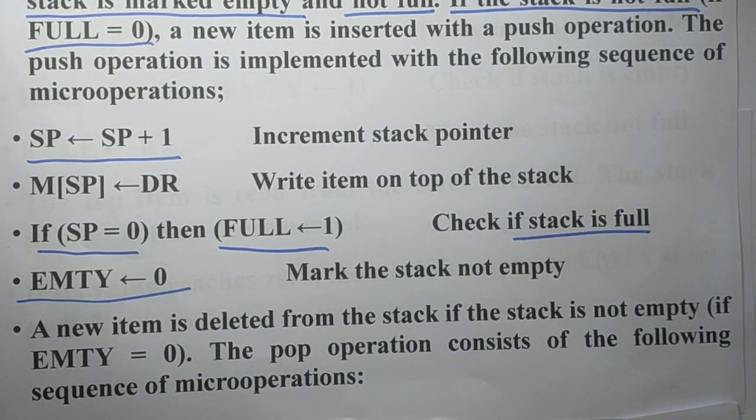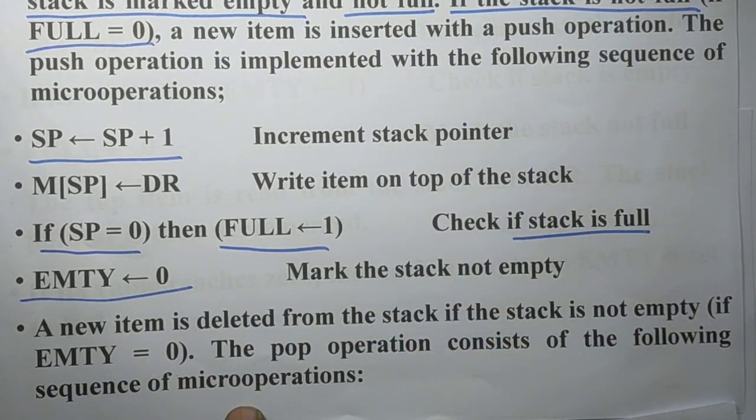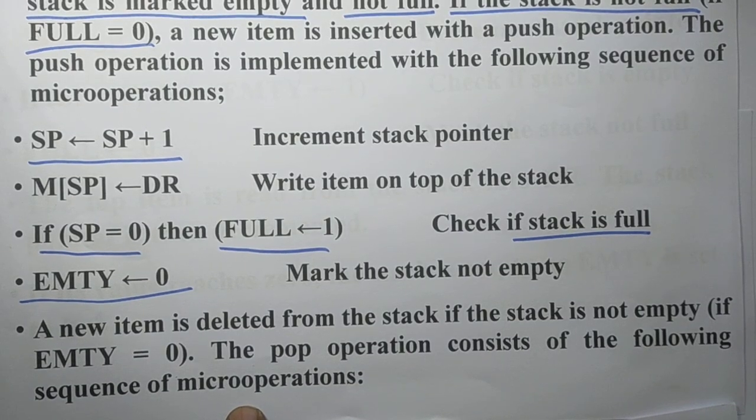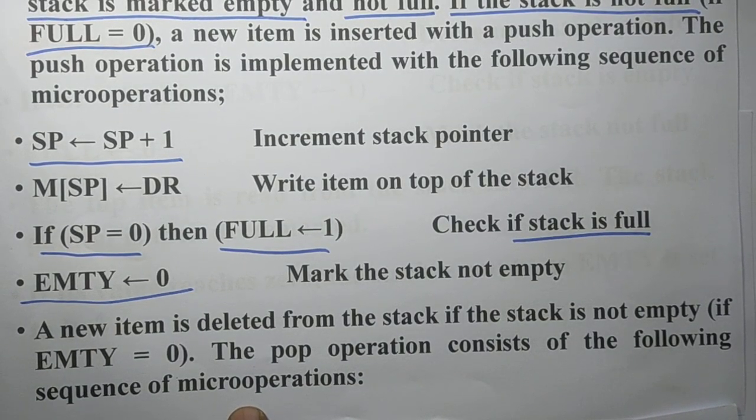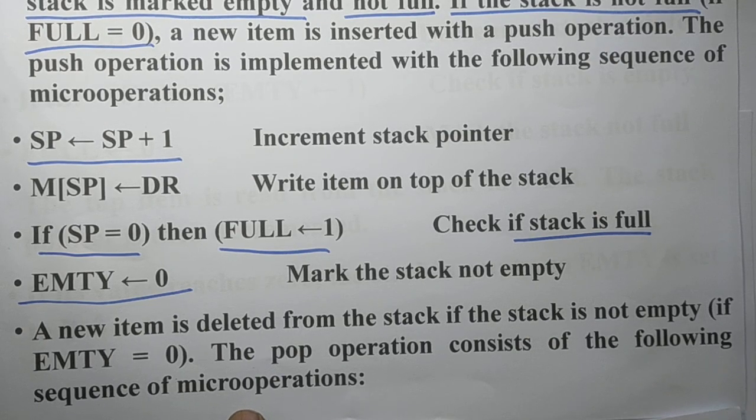Okay. If data is deleted from the stack, and the stack is not empty, empty is 0 means not empty. Suppose we delete from the stack. If the stack is not empty, then the pop operation considers the following sequence.